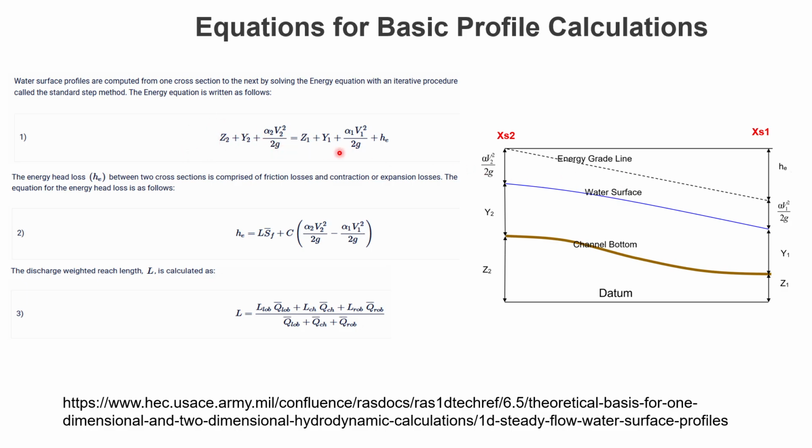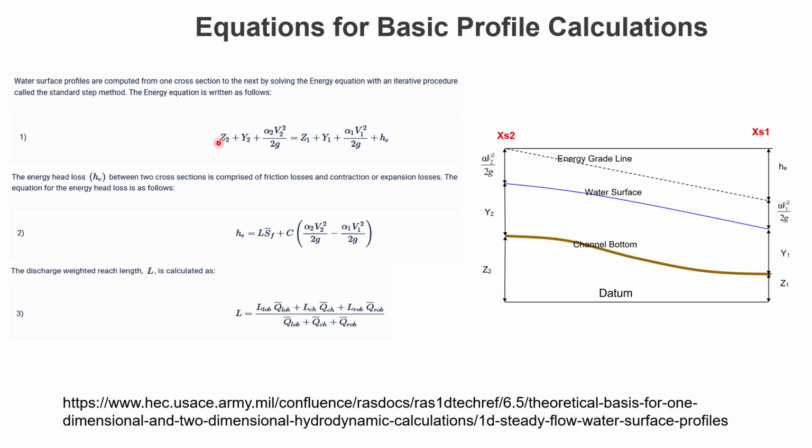As we move from cross section 2 to cross section 1, there's always going to be a loss, which is the head loss, which is the he. Now to compute these parameters, there's a need to understand the transfer function going on here.